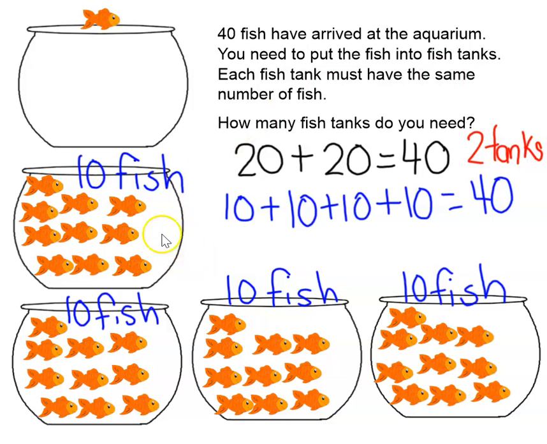And in this one, we had 10, 10, 10, and 10. We had 4 fish tanks, 4 tanks. So if we want 10 in each tank, we would need 4 tanks, 4 fish tanks.